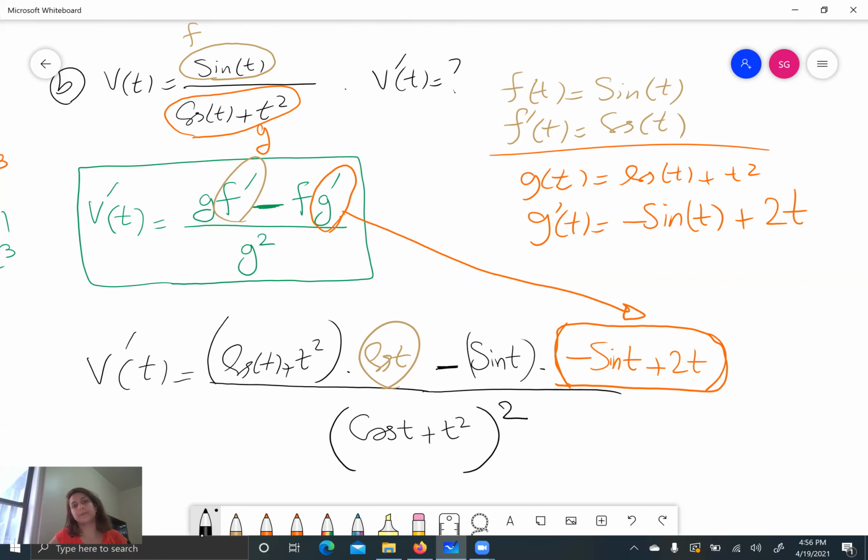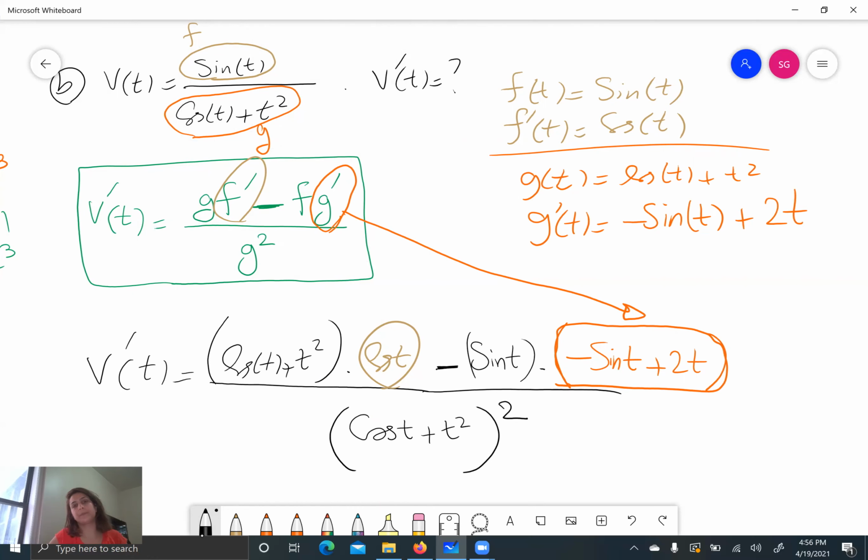Why? Because we have x times sine of x. So we have the product of a power function and trig function, and then we added that. So here we have the sum. So we added that to what type of function? The next one is just a quotient, right?